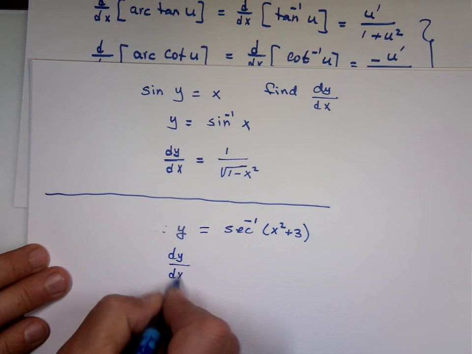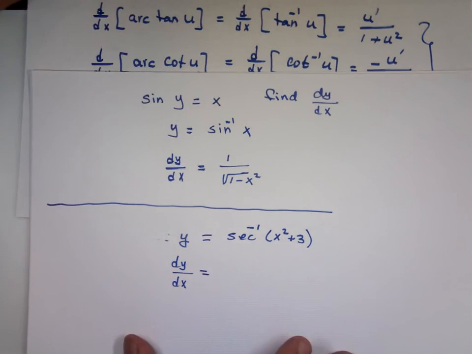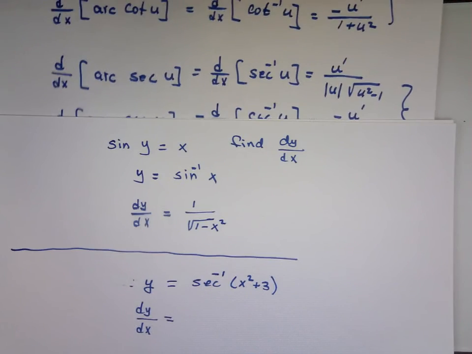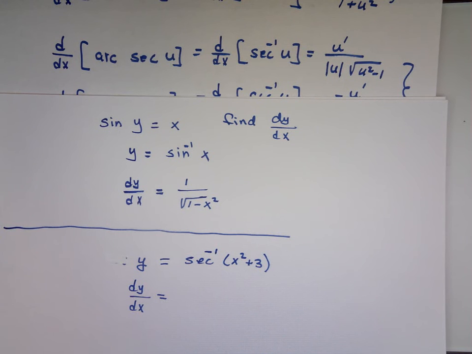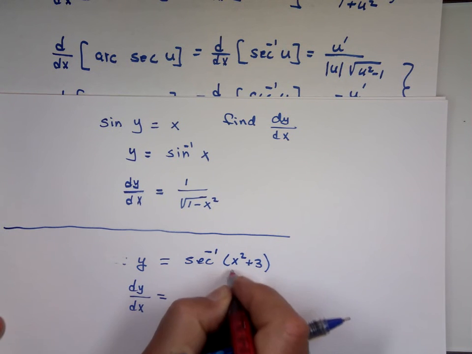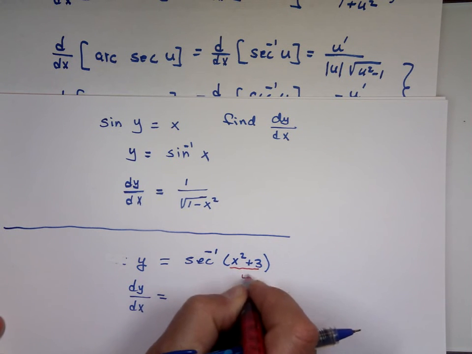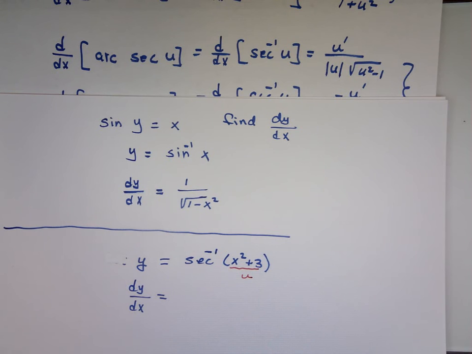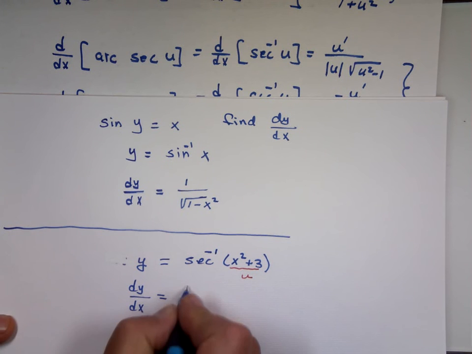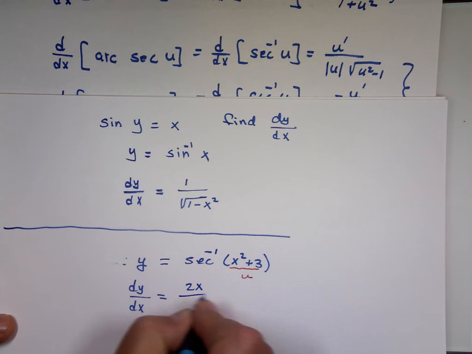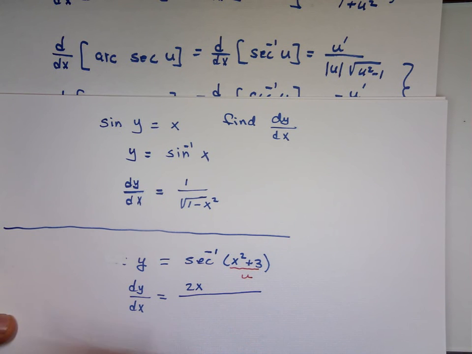The inverse secant, I've got to find the secant right here. So this piece here is your u. If you look at that, what's the derivative of u? 2x over the absolute value. I'm not going to put the absolute value. Why?